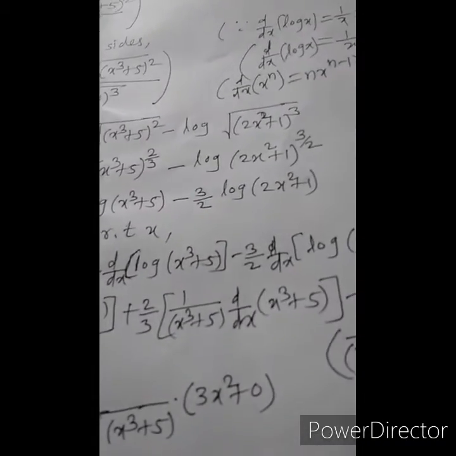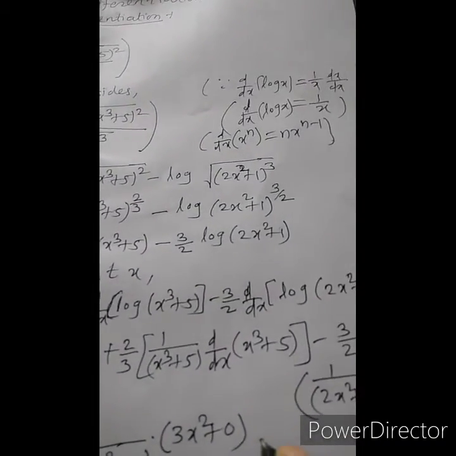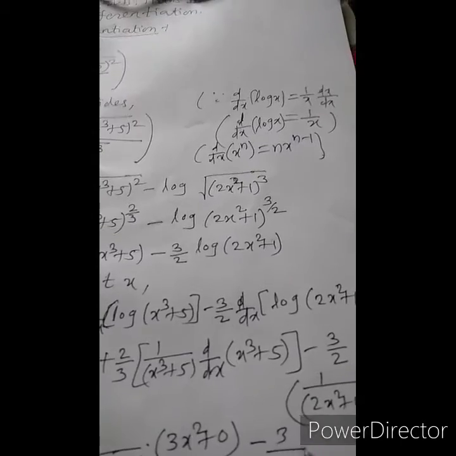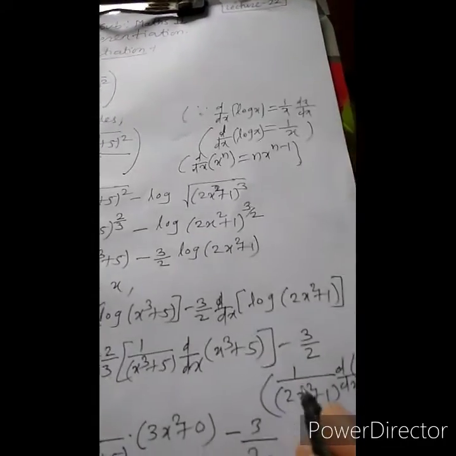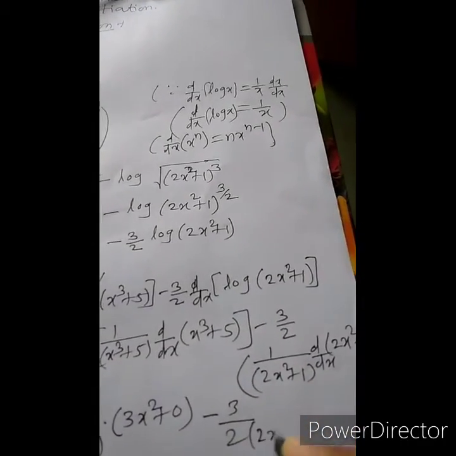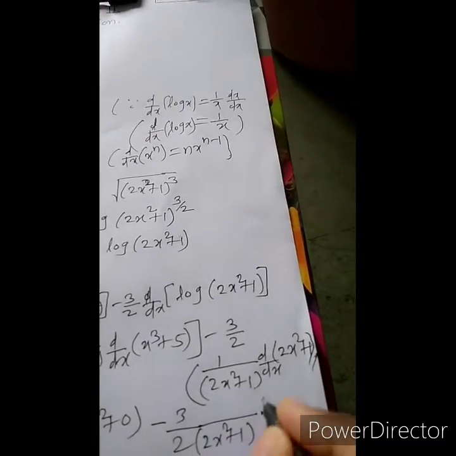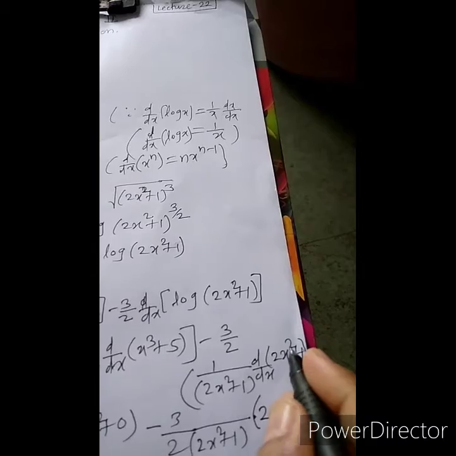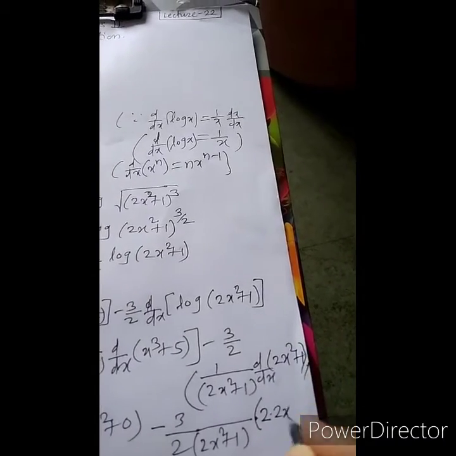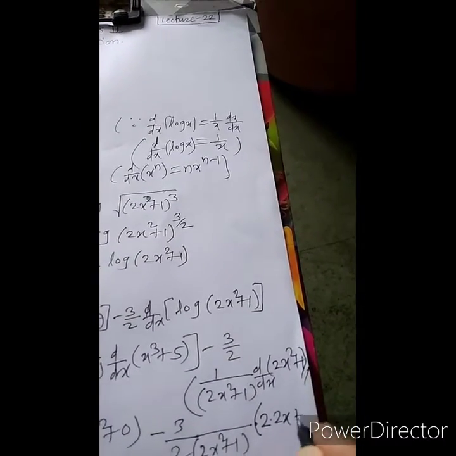Now minus 3 upon 2 into 1, that is 3 upon 2 in bracket 2x square plus 1, and the derivative of this 2x square, so 2 as it is, and x square gives 2x raised to 1, that is 2x, and the derivative of 1 is 0.